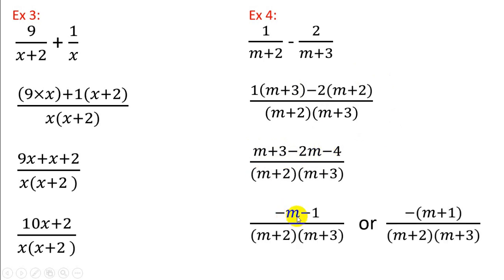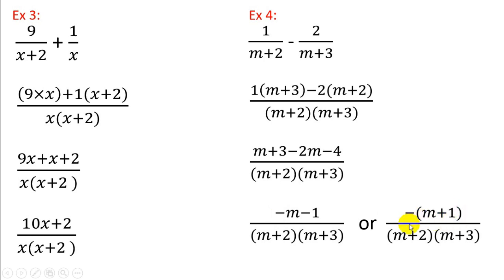So I write minus m minus 1, or sometimes you can take minus as common here. Then within brackets you can write m plus 1. Both the answers are the same, because here I have just mentioned minus m minus 1.